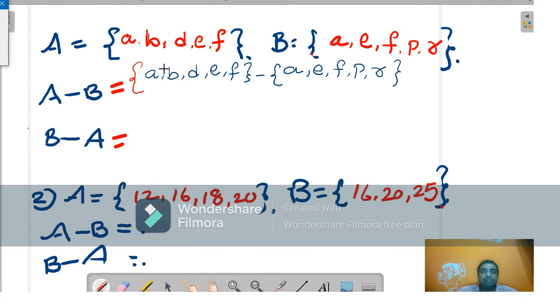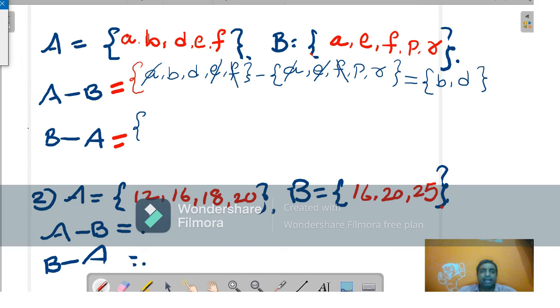What are the common elements? A is common, cut it. B is not common. D also is not common. E, yes, E is common. F also common. What are the elements left in the first set? B and D. Write it. So this is A minus B.